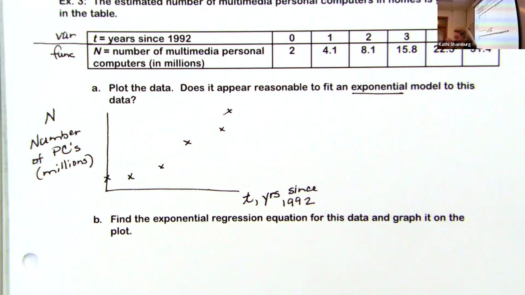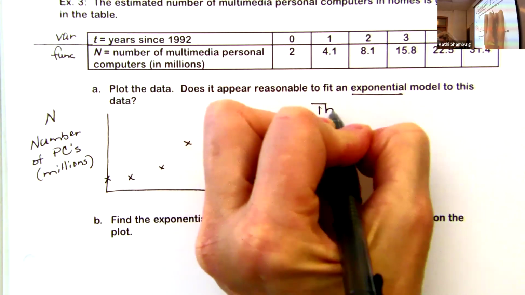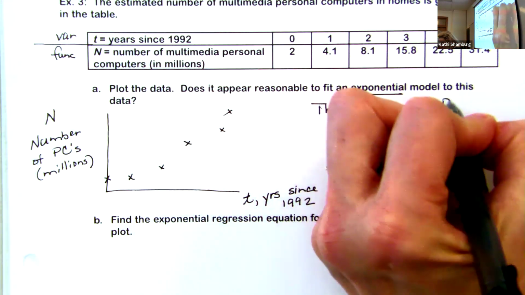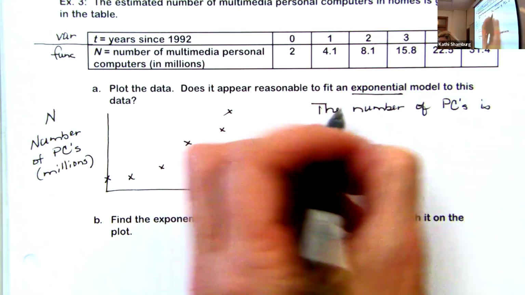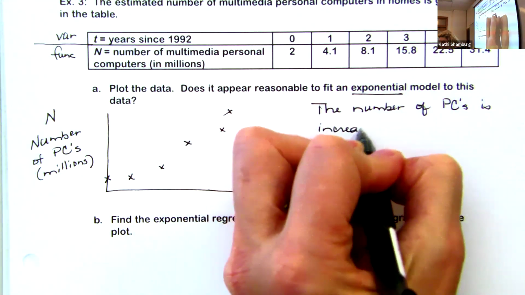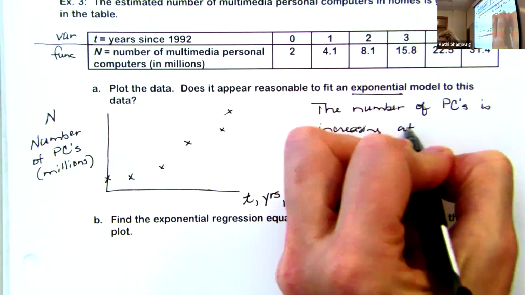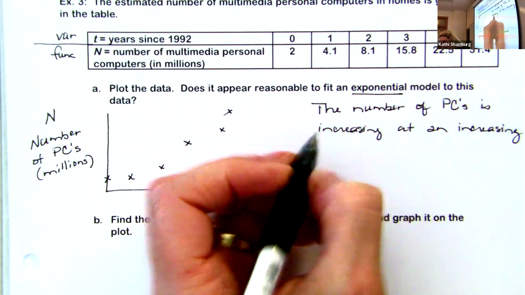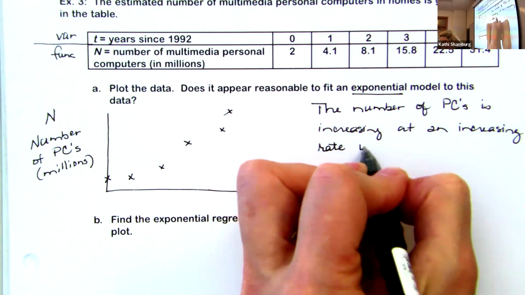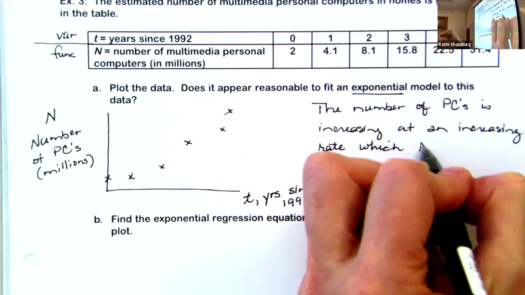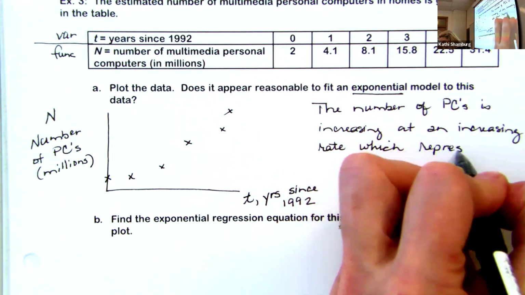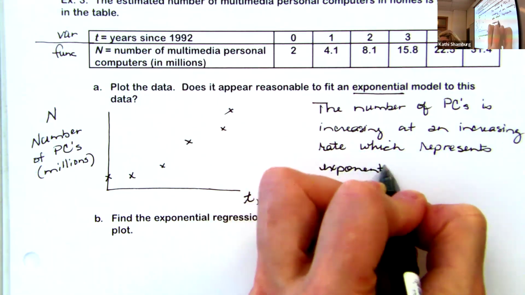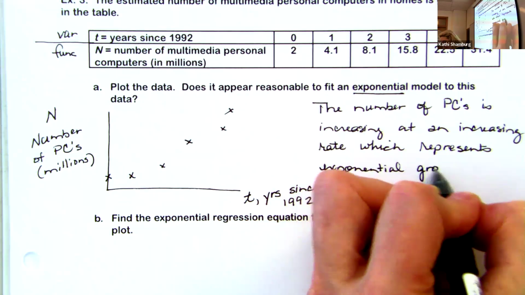The number of PCs is increasing at an increasing rate, which represents exponential growth.